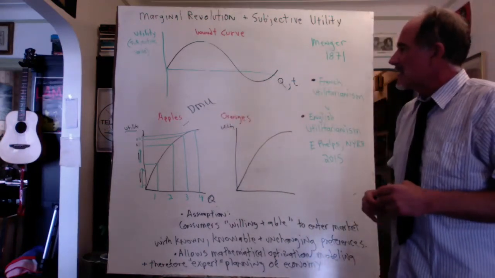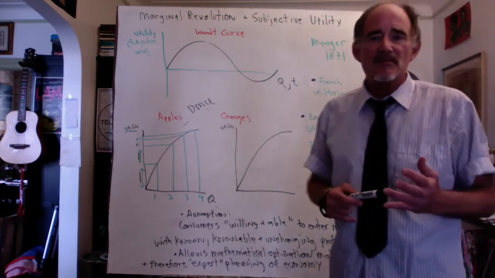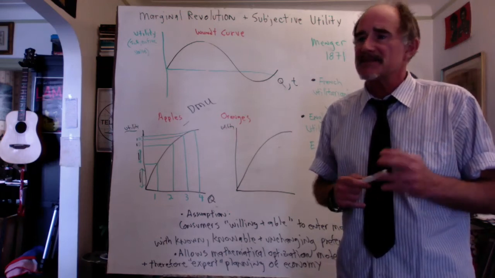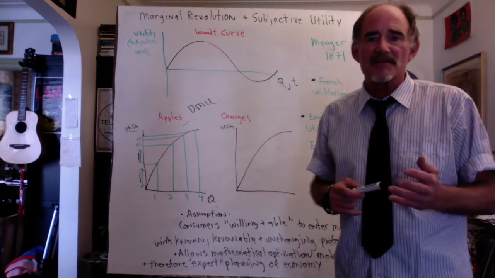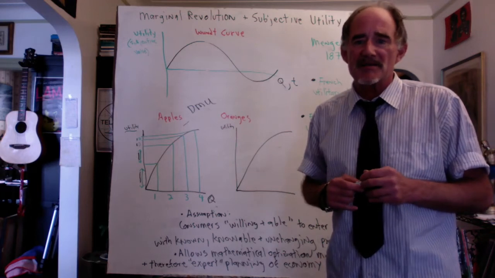Then with the Keynesian Revolution in the 1930s, World War II, 1940s, and then the scientism period of the 1940s and 1950s, you start to get mathematically oriented economics.